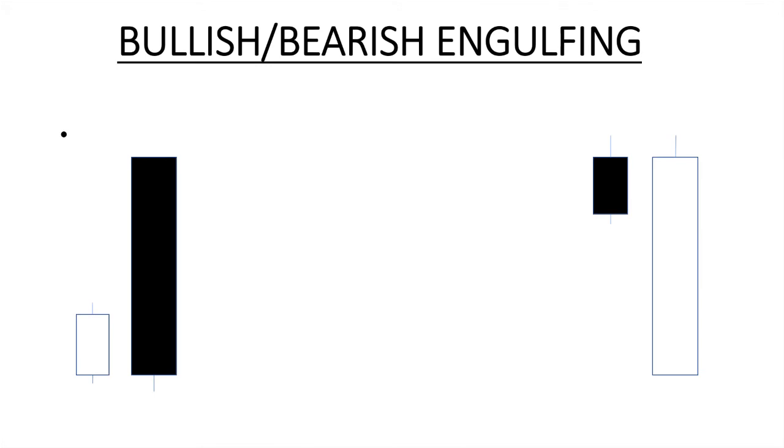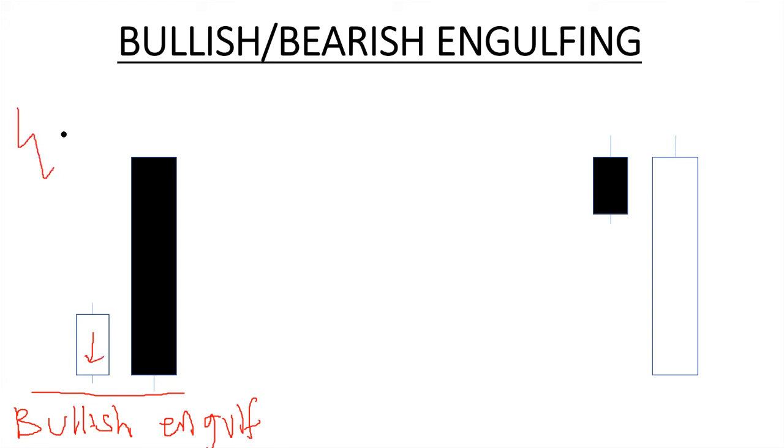Bullish and bearish engulfing patterns. This is our bullish engulfing pattern. A bullish engulfing pattern consists of two candles. The first is the bearish candle, indicating price was coming downward, and then the next candle, the bullish candle, engulfs the bearish candle.